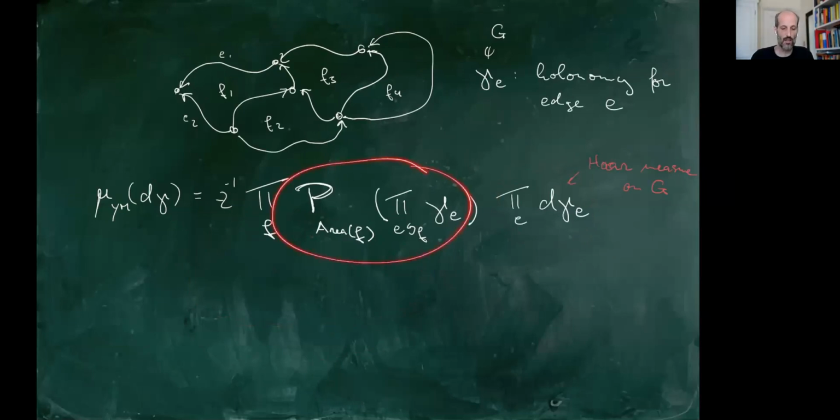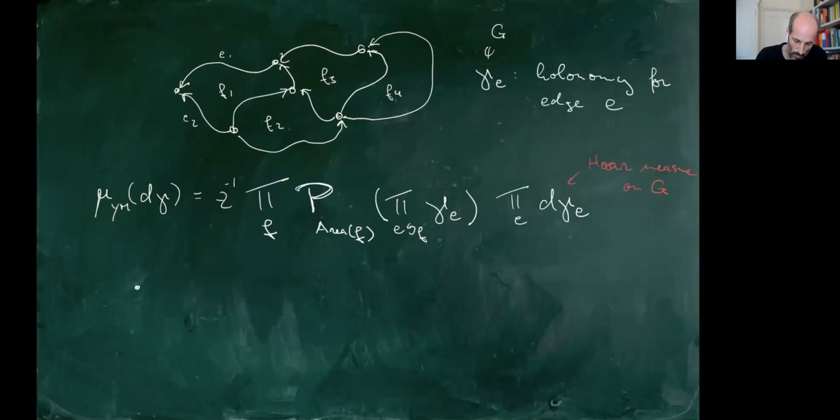And this guy doesn't change either, because here you would just end up doing a conjugation, and the heat kernel is a class function, so it only depends on the conjugacy class, and therefore it doesn't get changed if you apply a conjugation to the argument. Okay, so this is invariant.